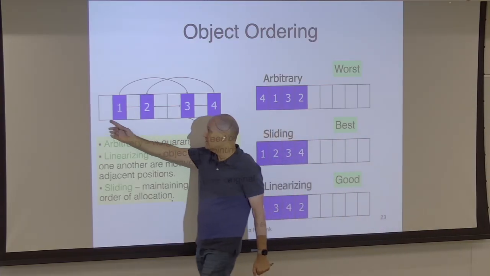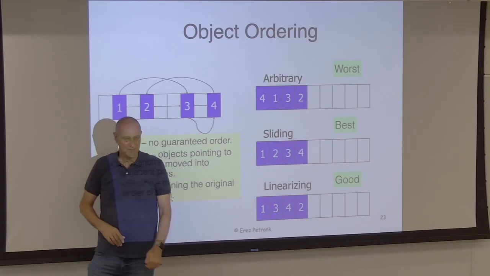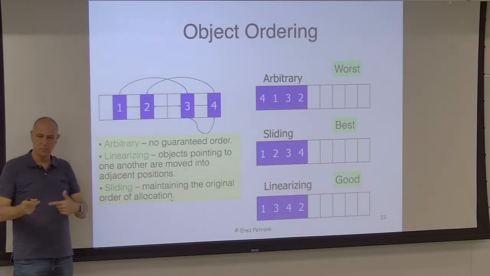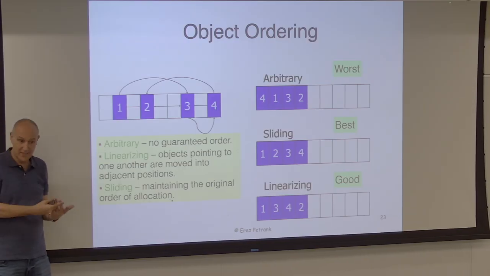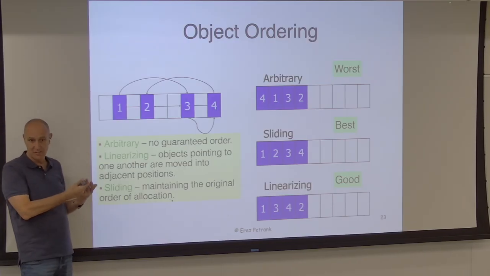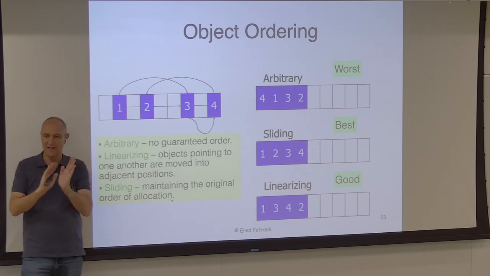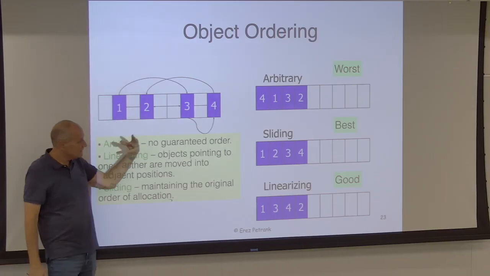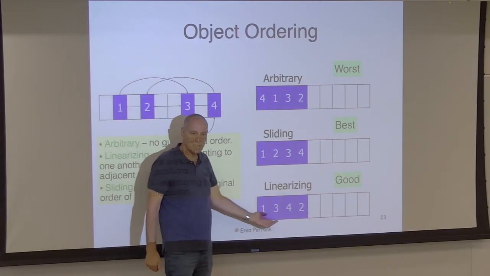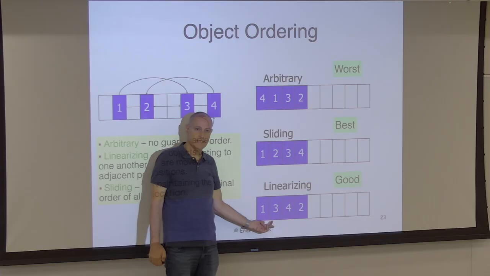Normally, if I have 2 pointers coming out of 1, I'll have to decide which of them to put next to 1, and then what to do to go to the pointers that go out of that object, or bring the next thing that is pointed by 1. It's going to be a lot fuzzier. It's not going to be as nice as in this very simple example. But when we talk about copying collection, we'll think of it as linearizing.